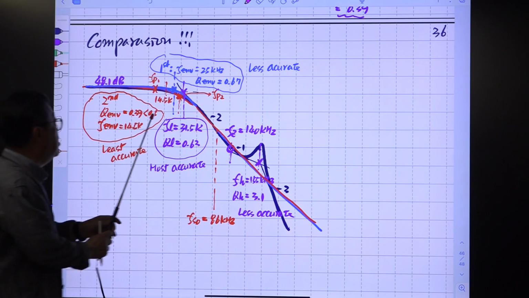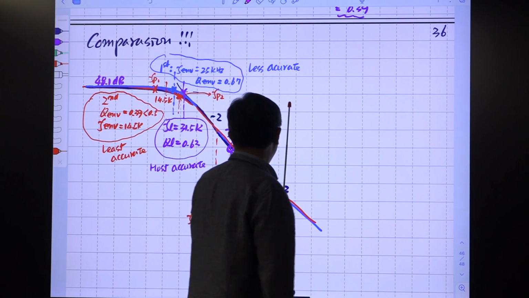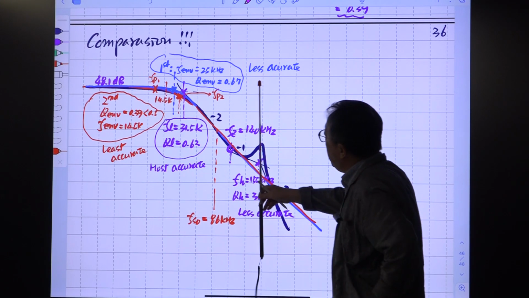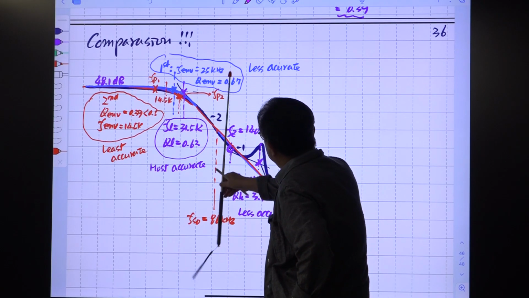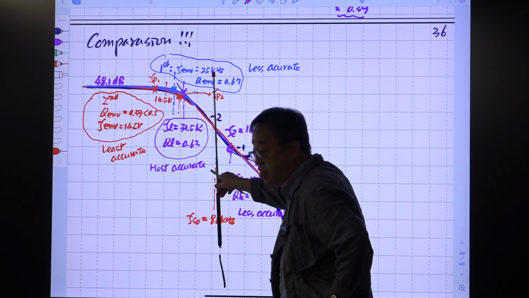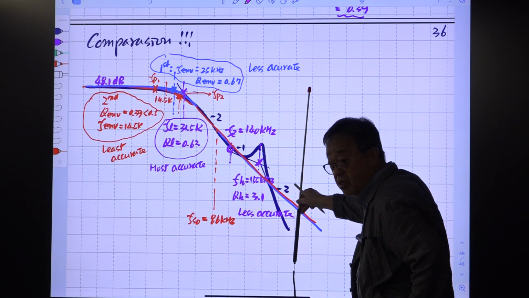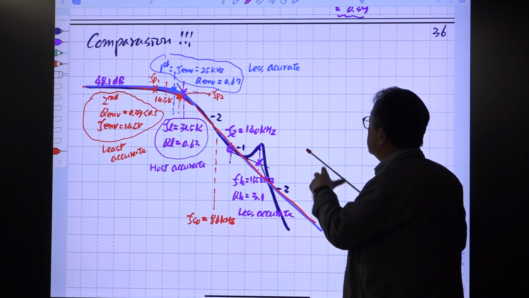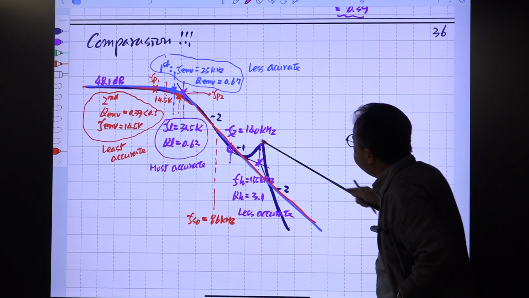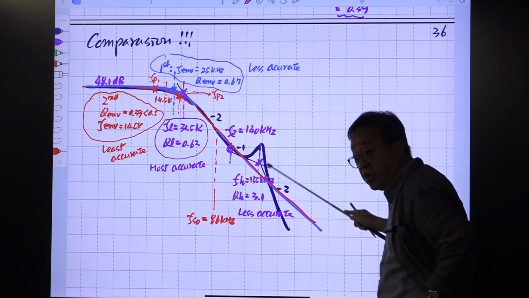So the first one is this one, and the second one is this one, and somewhere between you have a zero. Okay, but the switching frequency of this converter is here. So we are forgetting about this. Now, the one I'm explaining is the accurate approach to predict this pole and another pole.